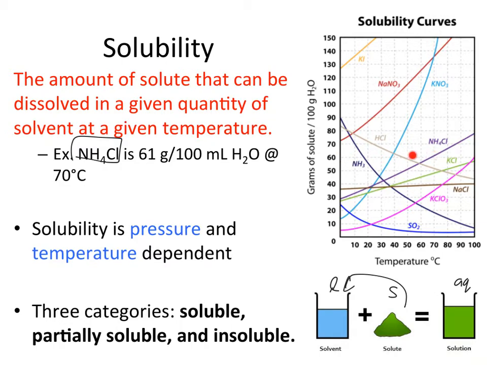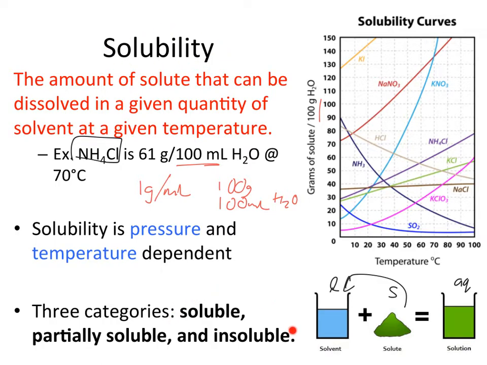So it's just above 61 grams of solute dissolved in 100 grams of water. Now, the density of water is 1 gram per milliliter, so 100 grams is equal to 100 milliliters when we're talking about water. That's why we can state it as 100 milliliters instead of 100 grams. Sometimes you'll see it as grams, sometimes as milliliters. We're going to be working with this chart later on in our course, but we're just trying to highlight what solubility is at the moment.